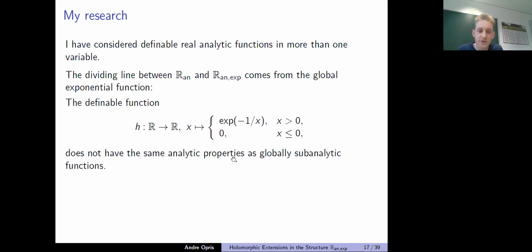For example, a globally subanalytic function is strongly quasi-analytic, and one also knows that the Tamm theorem holds for such functions. This would be a counterexample for strong quasi-analyticity: this function is infinitely differentiable at 0, but not real analytic, and not the zero function, and every nth derivative vanishes at the point 0. So here you see there are some differences.